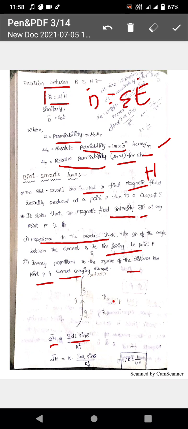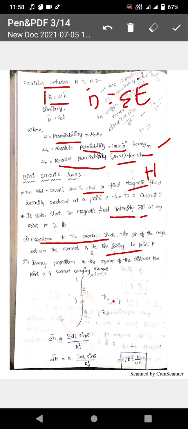In Coulomb's law, the force is proportional to Q1 and Q2 and inversely proportional to the square of the distance, 1 by r square. That is regarding Coulomb's law, but here it is Biot-Savart's Law.